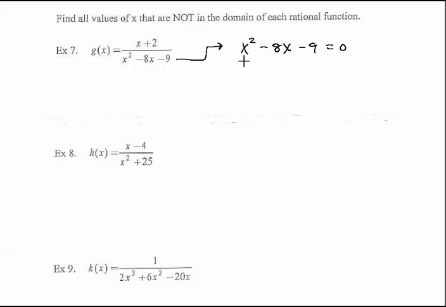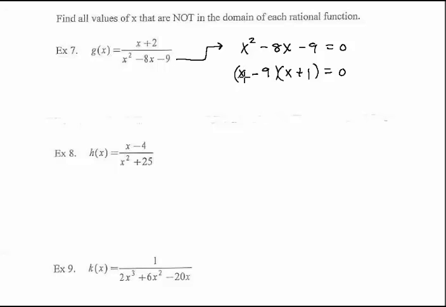Alright, so we solved these in chapter 6, quadratic equations. We have to factor this trinomial, and we write x times x, and beside the x's we write minus 9 and a plus 1. Negative 9 times 1 is a negative 9. Negative 9 plus 1, we add them, gives us the b.